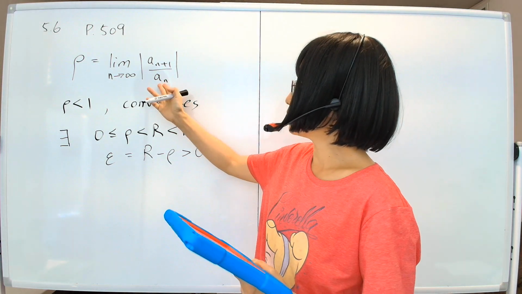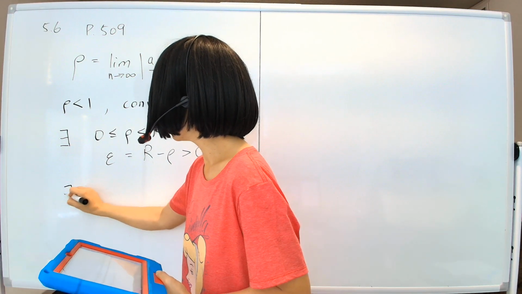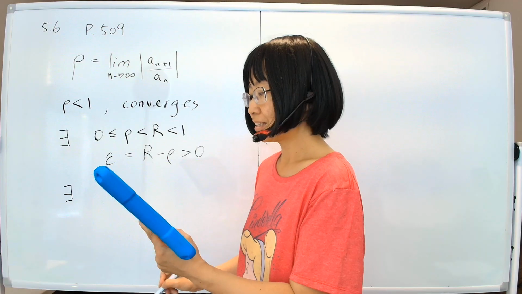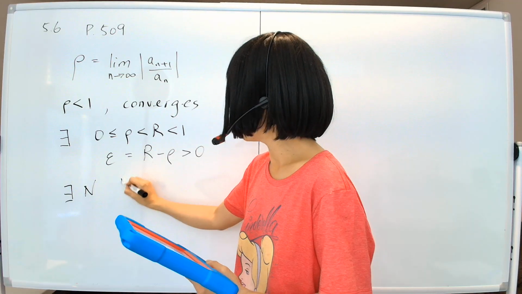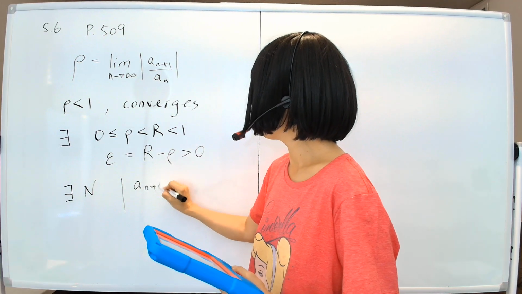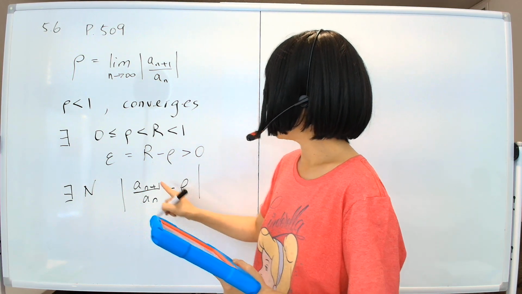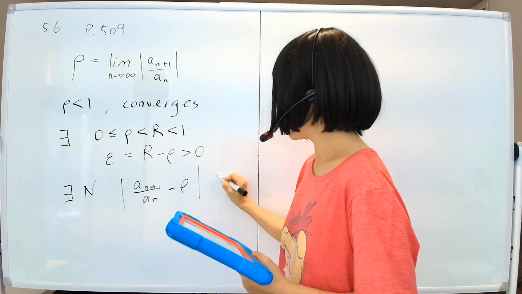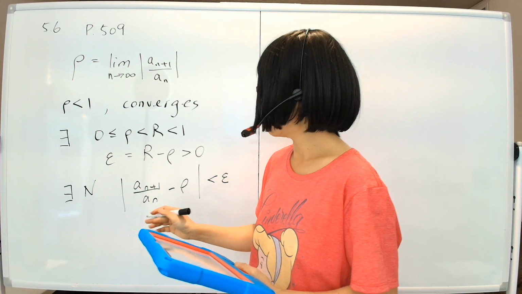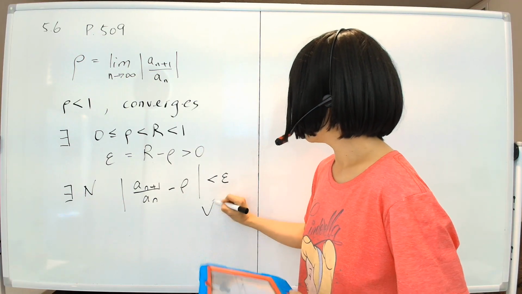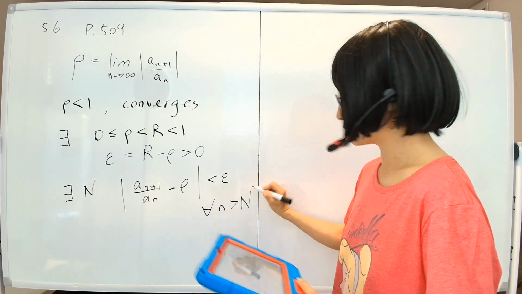Then because this limit is approaching rho, by the definition there exists a number N, some integer N, such that the distance between the term |a_(n+1)|/|a_n| and the limit is going to be less than epsilon, for all n bigger than the N we choose.